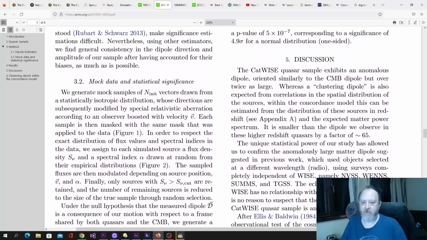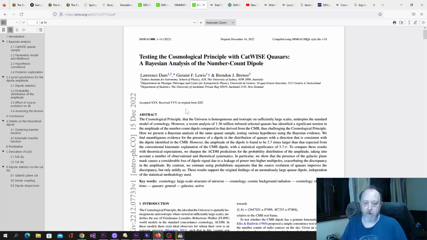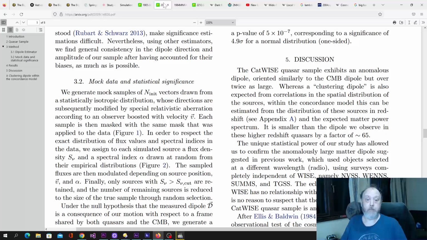That's the level of certainty on this. In the other paper, they reproduce it, but with a statistical significance of 5.7 sigma, so even higher, in the reproduction of this work.